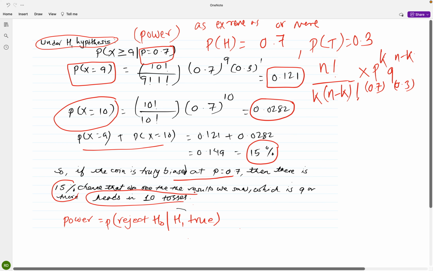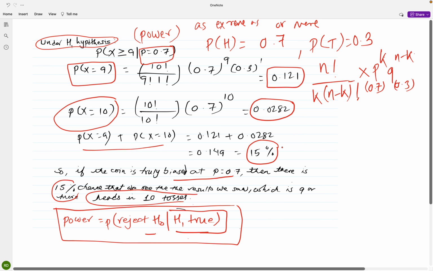So it has a higher likelihood of being true than the null hypothesis. That's why we reject the null hypothesis. That means power is the probability of rejecting the null hypothesis, a true positive, given the null hypothesis is false or the alternate hypothesis is true. That's the power, and we have 15%.